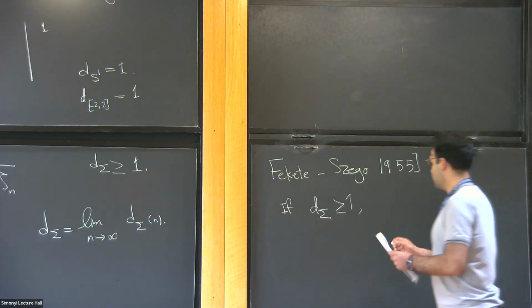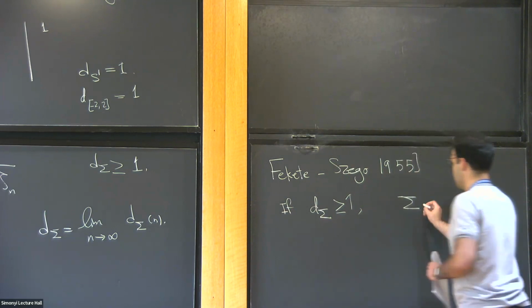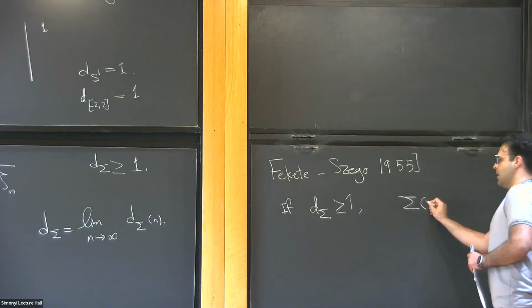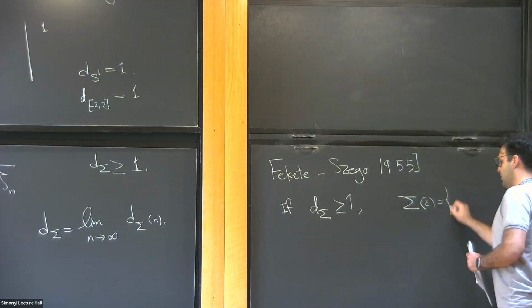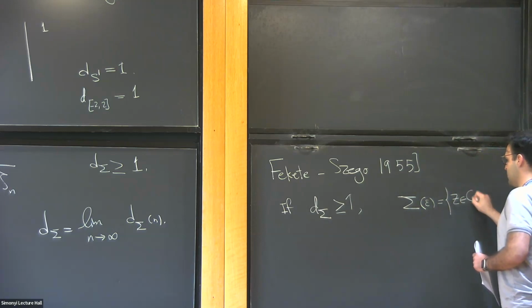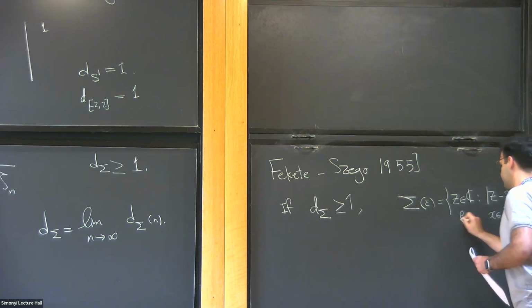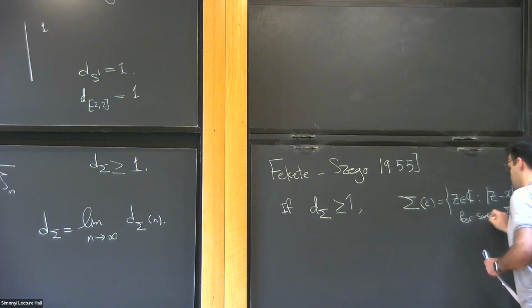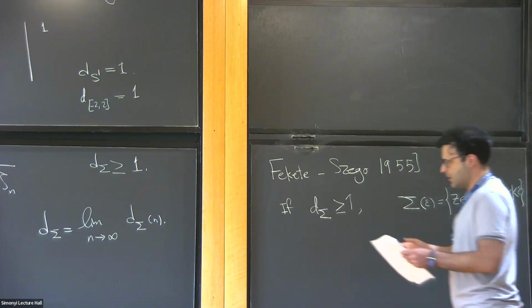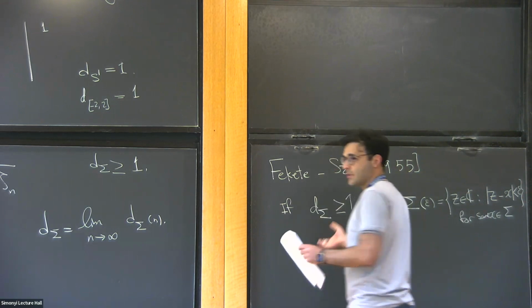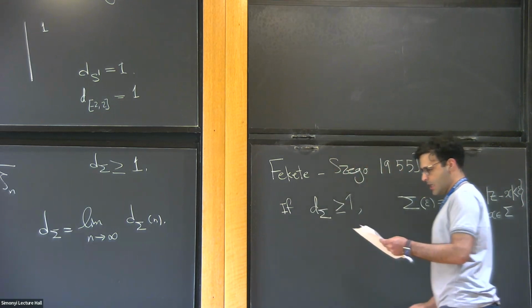By epsilon neighborhood, I denote sigma sub epsilon to be the points z such that the distance of z minus x is less than epsilon for some x inside sigma. So what they prove is basically if you fatten your set a little bit, then it contains infinitely many.